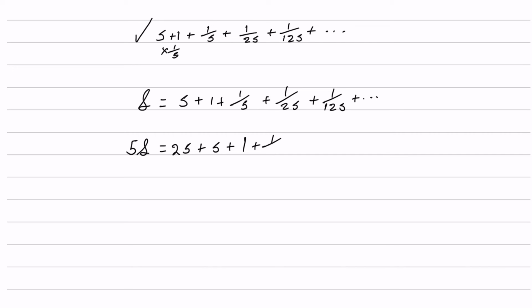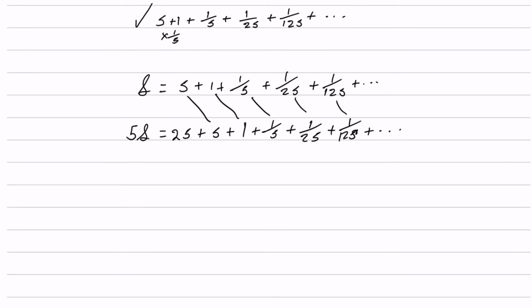So we say 5s is equal to 25 plus 5 plus 1 plus 1 over 25 plus 1 over 125 plus so on. And you might realize that in these two equations, we have numbers that are exactly the same.